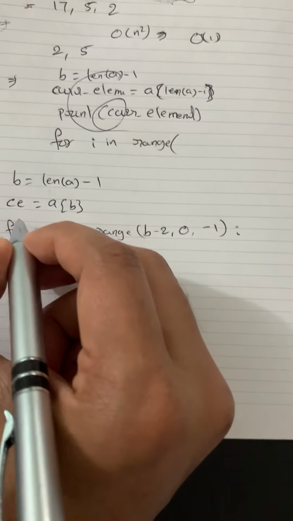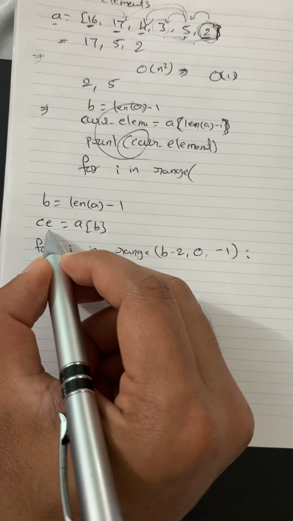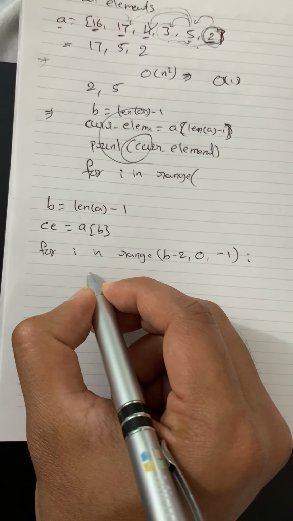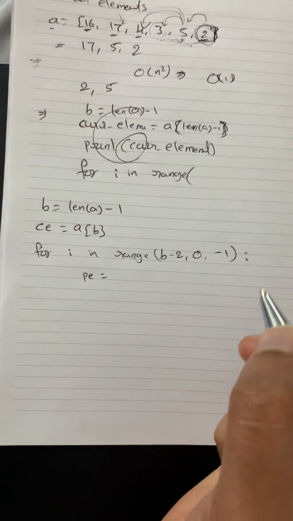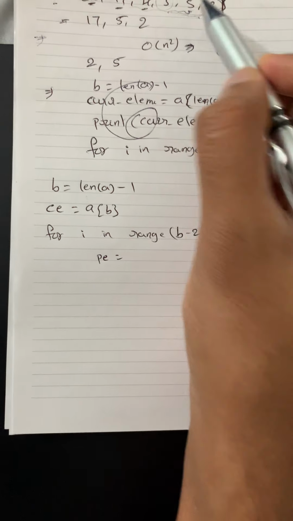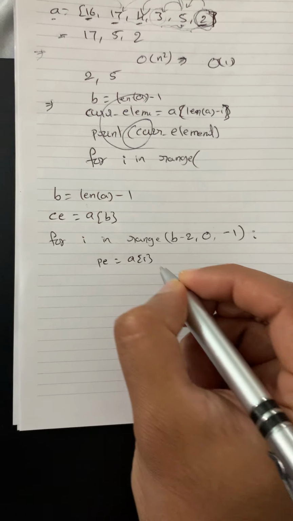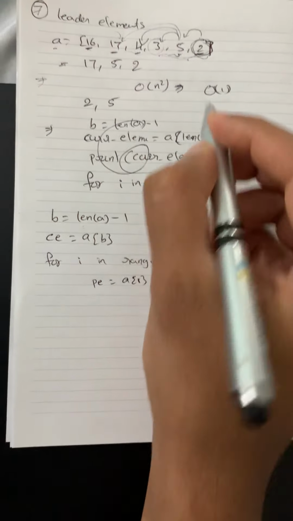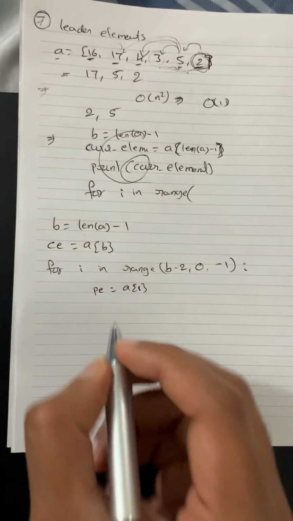Now we have to compare the current element with the previous element. So now we set previous element equal to a of I, which is now 5.